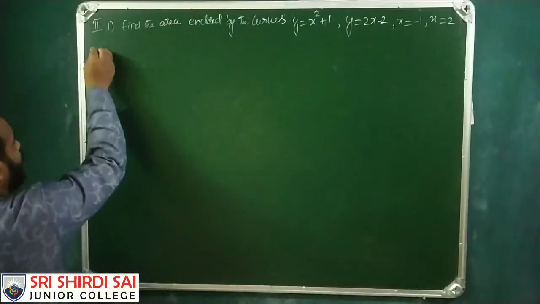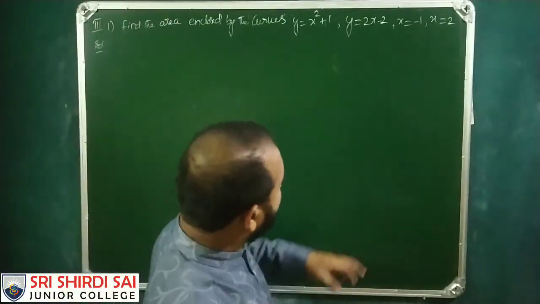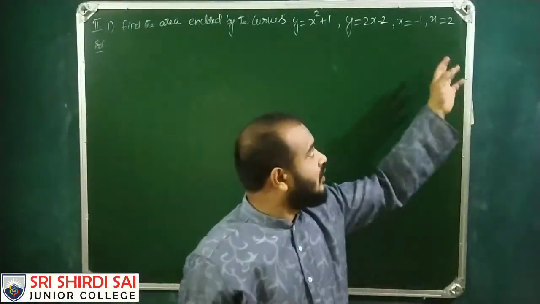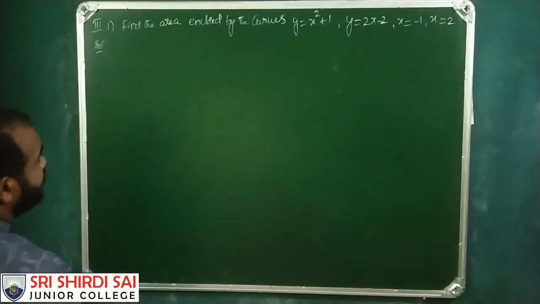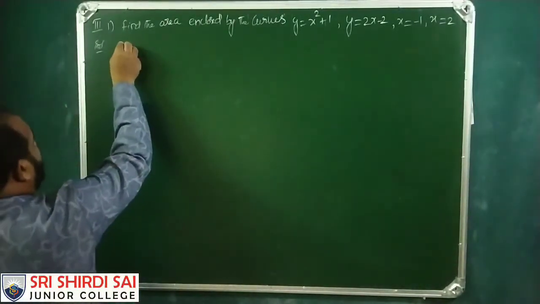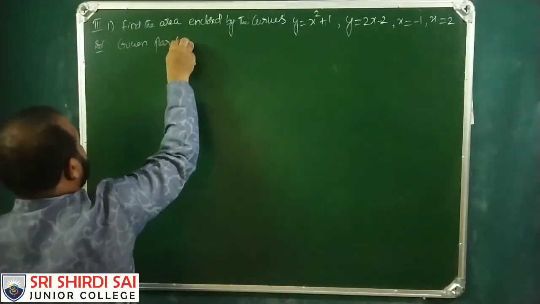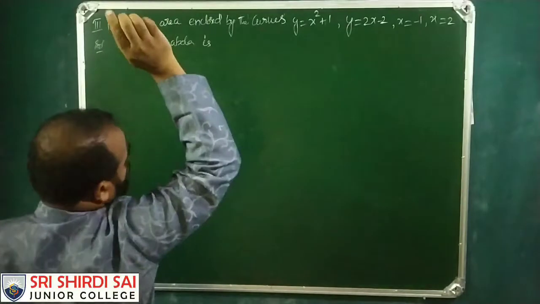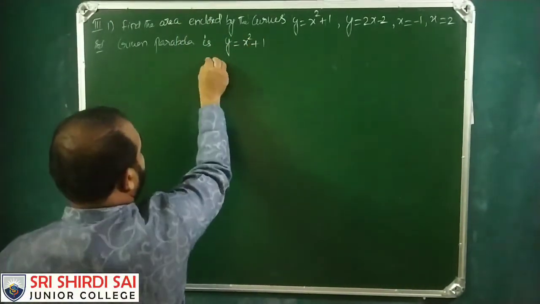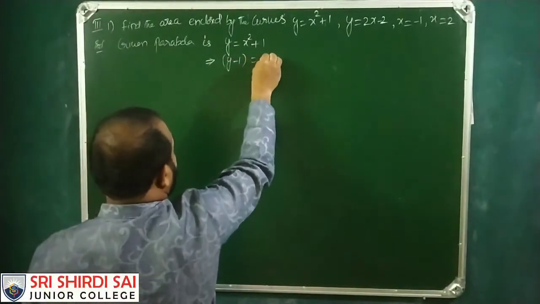So for which solution, no need to take minus 1, 0, 1, 2 which we have done before. Otherwise we can do it directly also. See how. So here the given parabola is y equals x square plus 1. This is of the form y minus 1 equals x square.